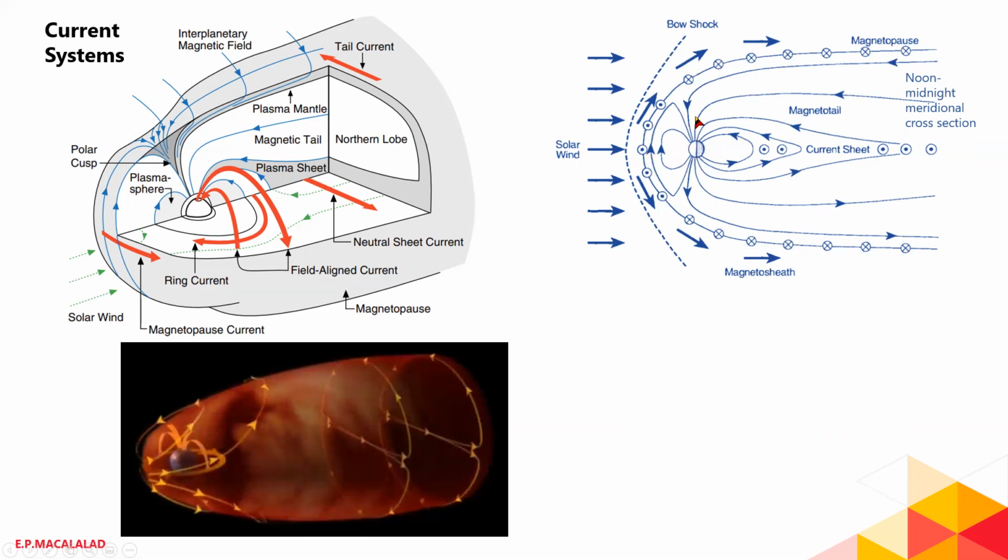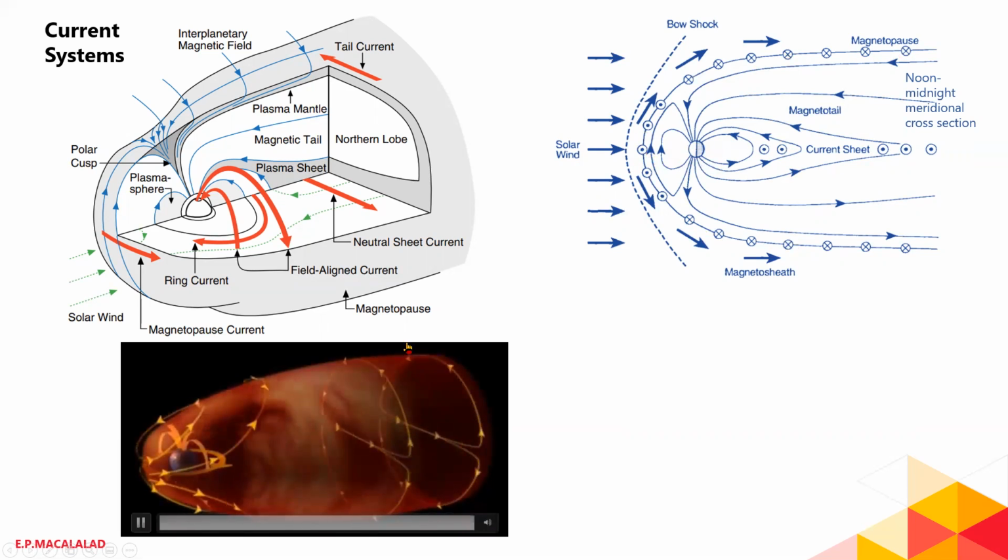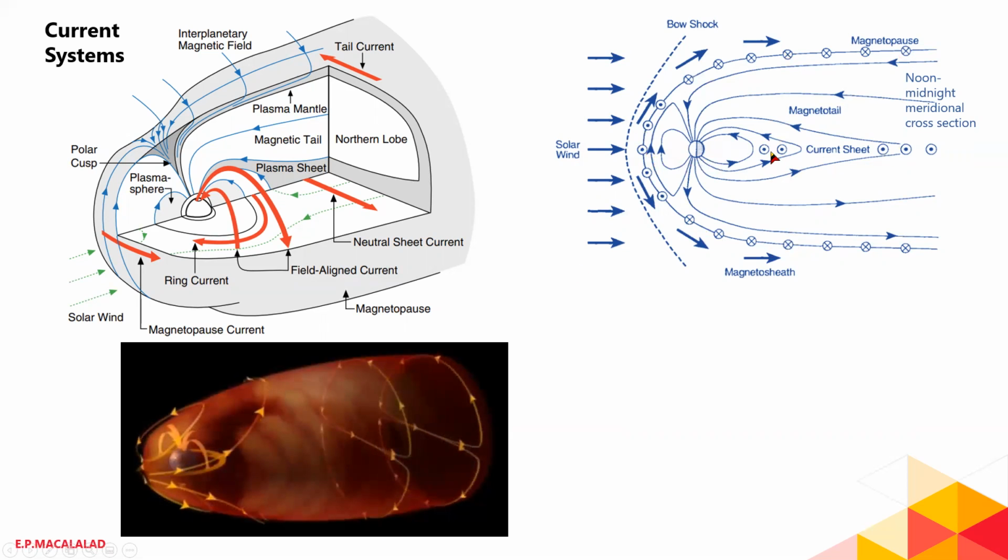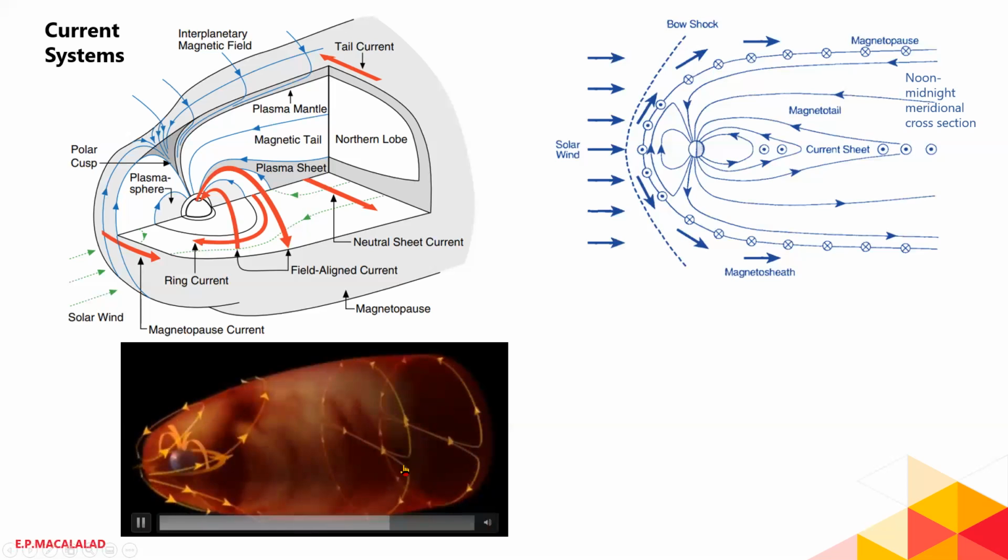That means this is north, south, east is toward you, and westward is into the page, away from you. Naturally, because these currents form closed loops, the neutral sheet current is pointing away from you, toward you, just like this. So this is a three-dimensional visualization of the current system.